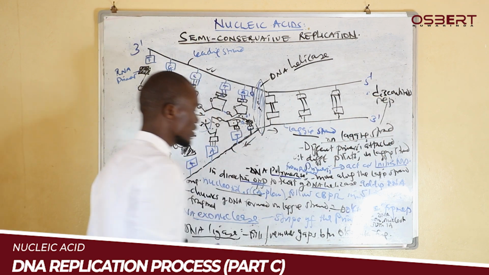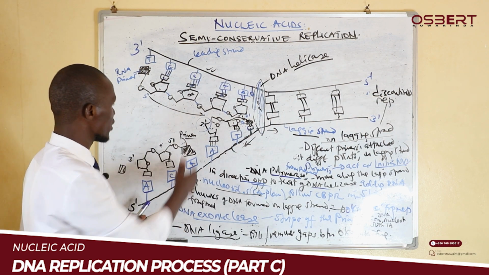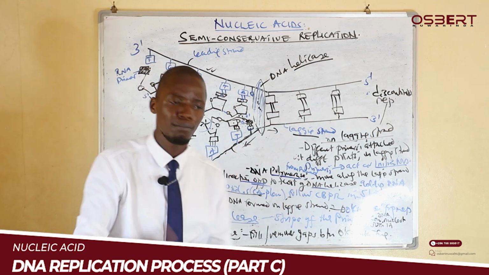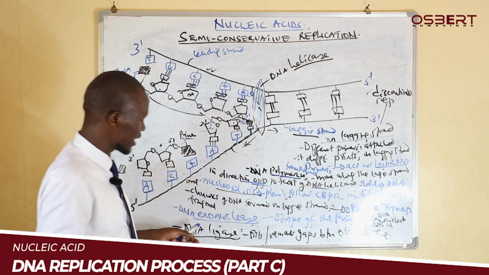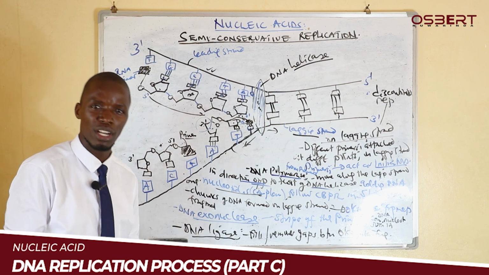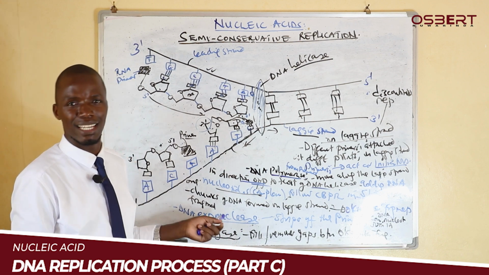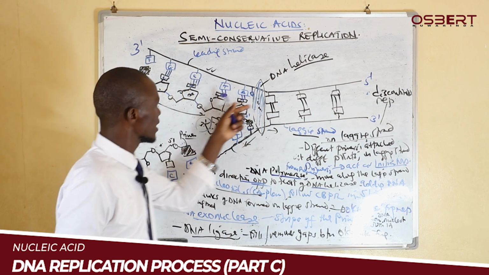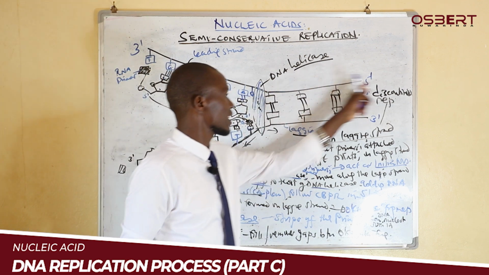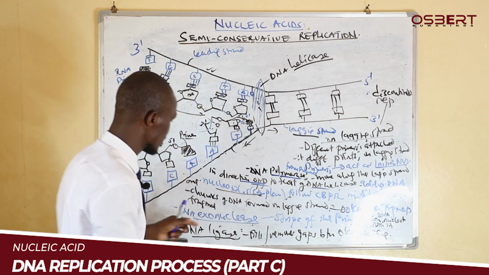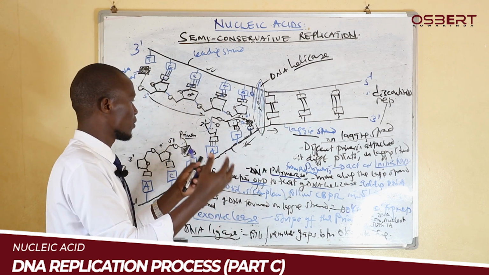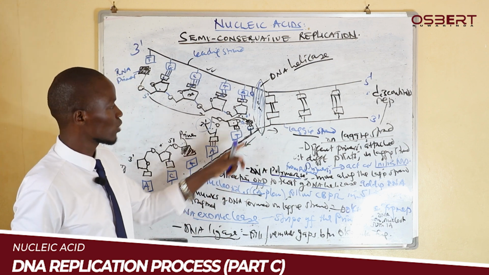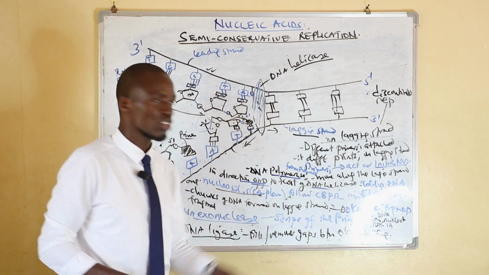Why? Because we end up having some gaps, which are filled later, their removal being catalyzed by DNA ligase. But unlike the leading strand, where things combine immediately and by the time it reaches the end everything is done, here we have gaps that are supposed to be filled later. That's why we say this lagging strand undergoes what we call discontinuous replication.